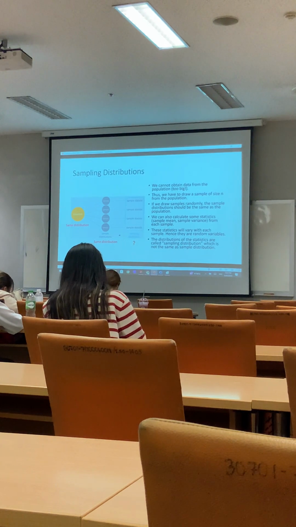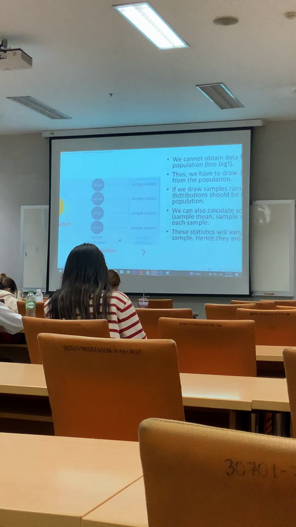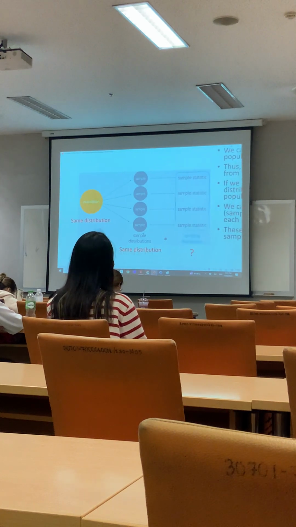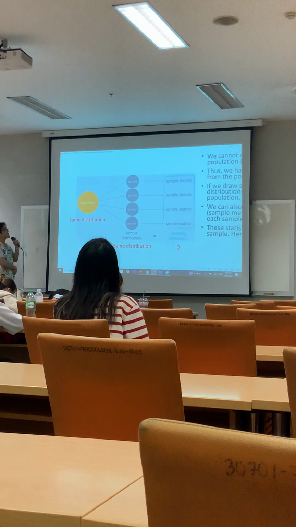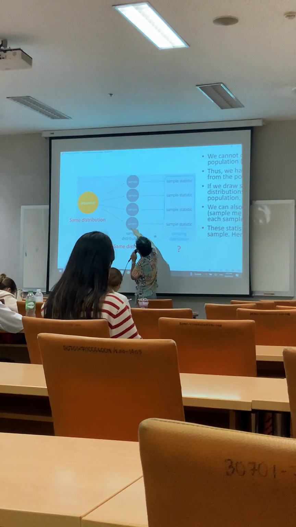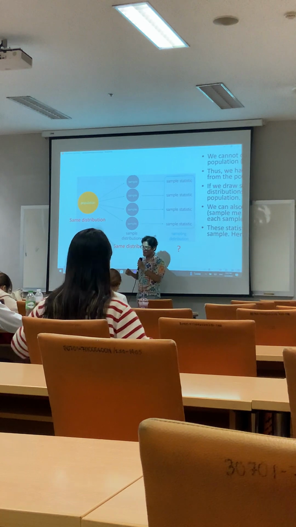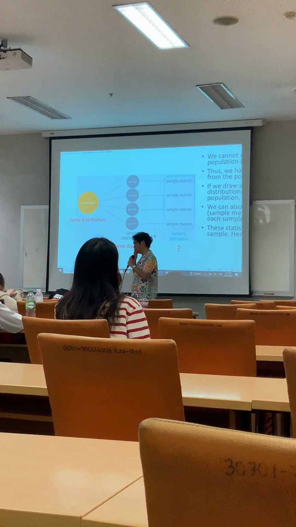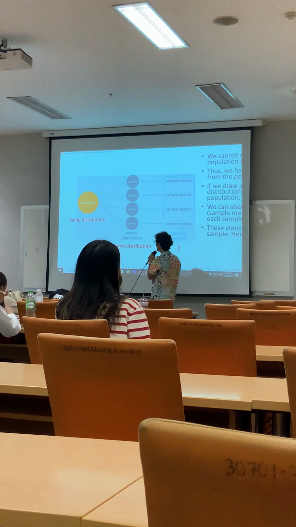So have a look at this. In our example, we're gonna focus on the sample mean. Imagine that we have a population, and you draw a sample. You can see that now I have 1, 2, 3, 4 samples. Usually you draw just one sample, but imagine you draw several.